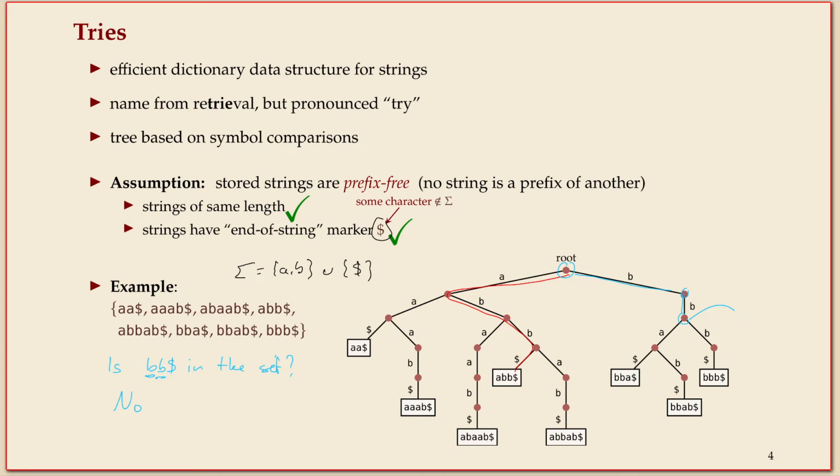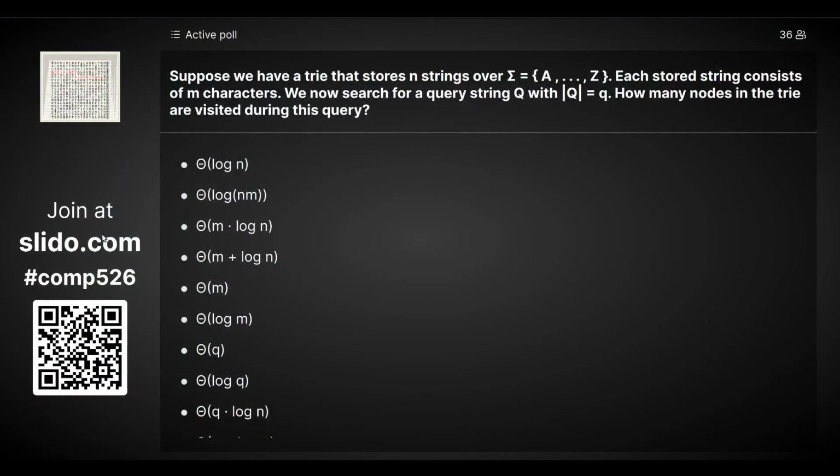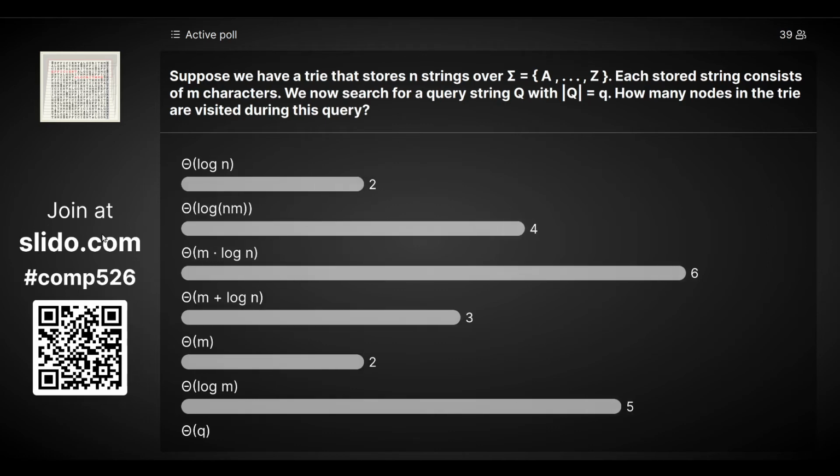Okay, I have 25 votes, but how many people voted earlier? 50. So I'll keep it open, but I want to show the results already a bit.